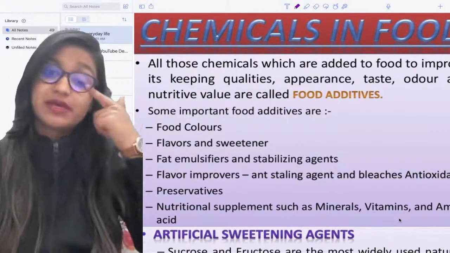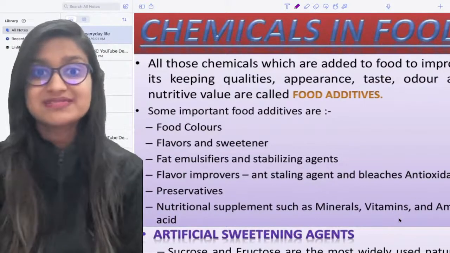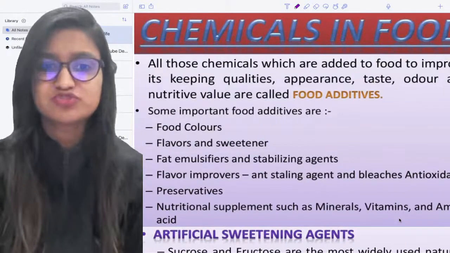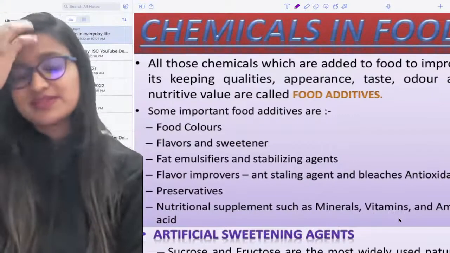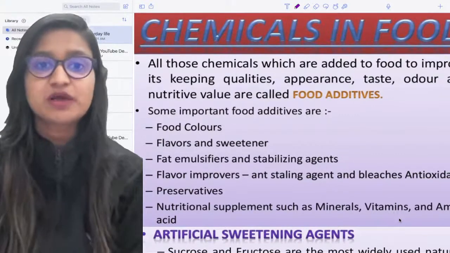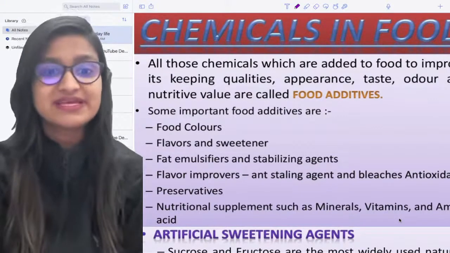ठीक है? And some important food additives क्या क्या हो सकते हैं बच्चे? Food colors आपने देखा होगा, right? किसी चीज़ को ऑरेंज, येलो, ग्रीन कुछ भी बनाना है, you just simply add 1 pinch of food color and it will get that color. Flavors and sweetener, आपने देखा होगा flavored drinks आती हैं, right? Sweetener मीठा करने के लिए.